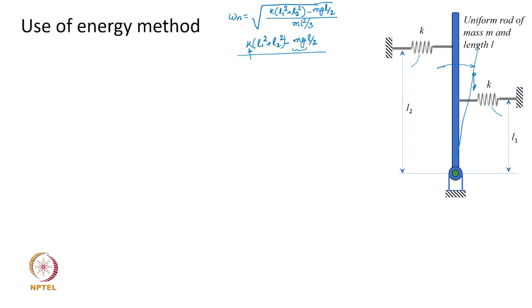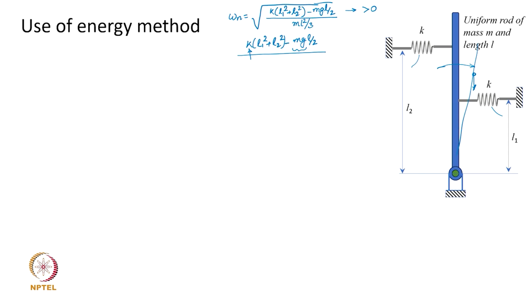One possibility is that their relative values are such that this numerator is greater than 0, then there is no problem, in the sense that the natural frequency will be some numerical value, and obviously the bar will keep on swinging back and forth under the action of the restoring forces and the inertia of the bar.